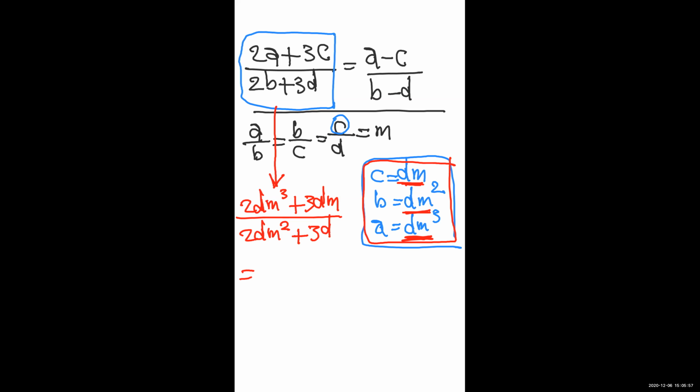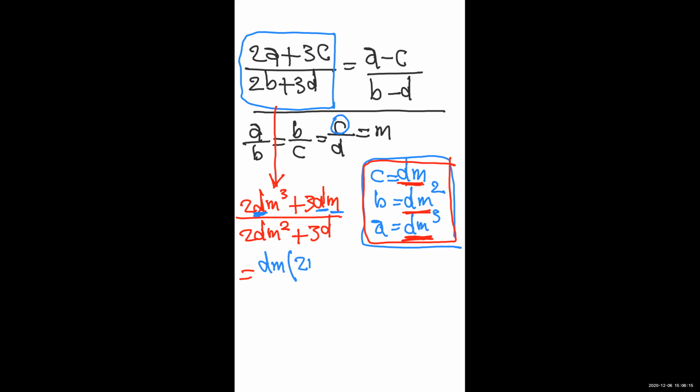Now, guys, if there is a common factor in the numerator, of course d and m power 3 and m, I use the smallest power, so m. So the common factor is dm.